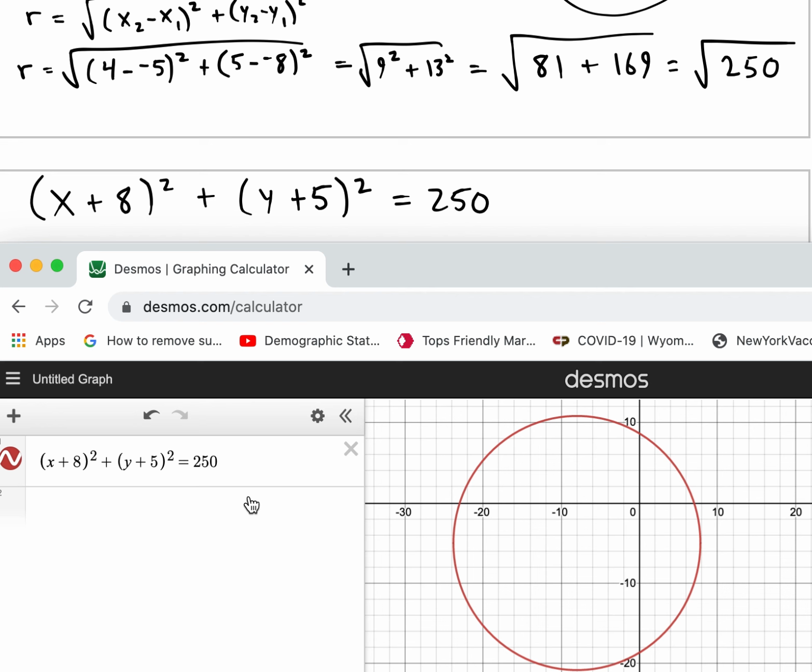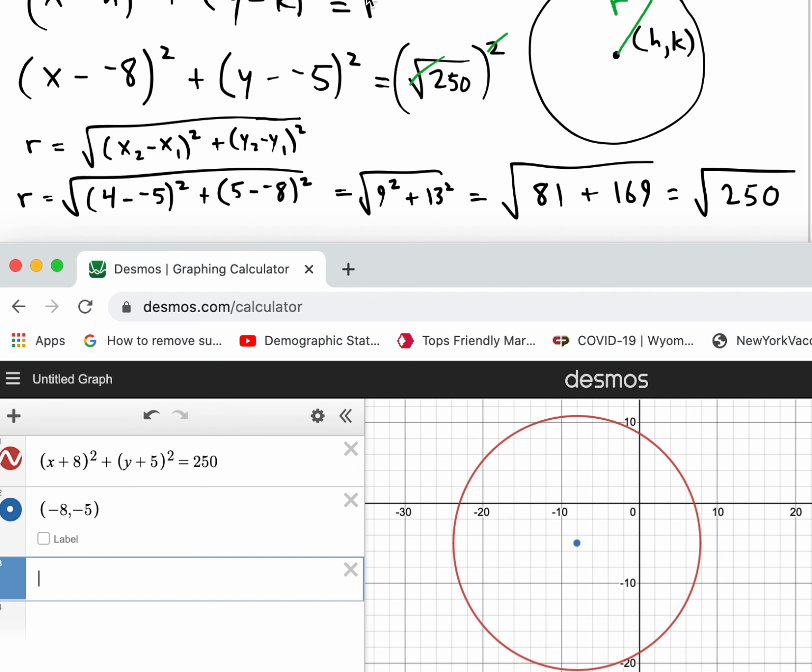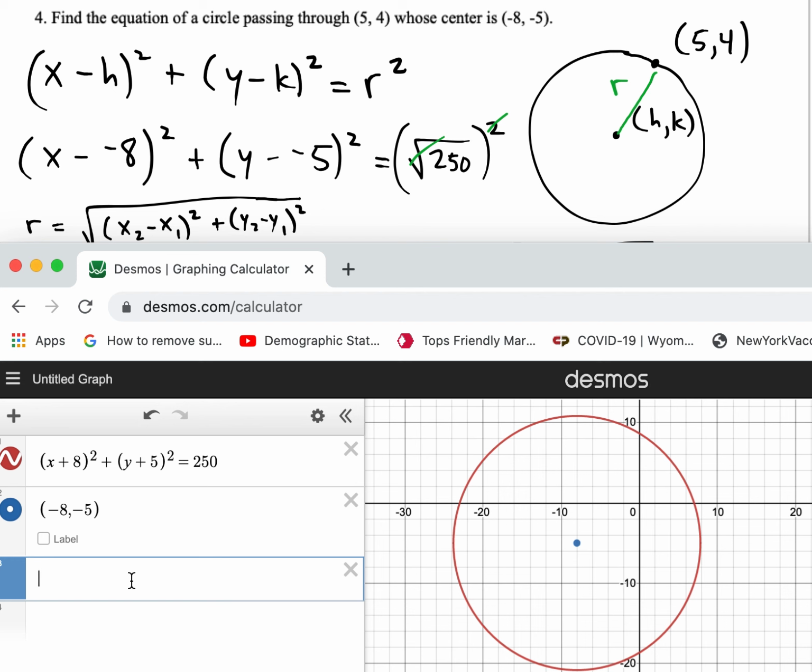We can even plot that point. Yeah, that looks pretty reasonable as the center of our circle. Now let's plot the point that they said it goes through, which is (5, 4). Yeah, that point is right on the circumference of our circle, so it looks like we did it correctly.